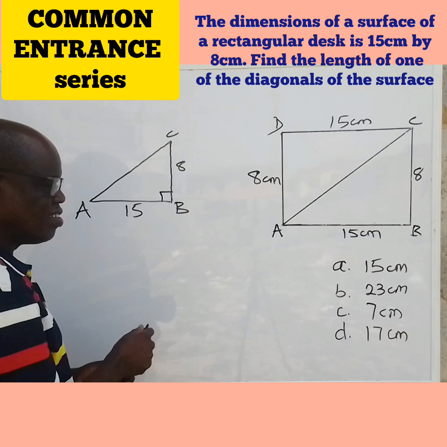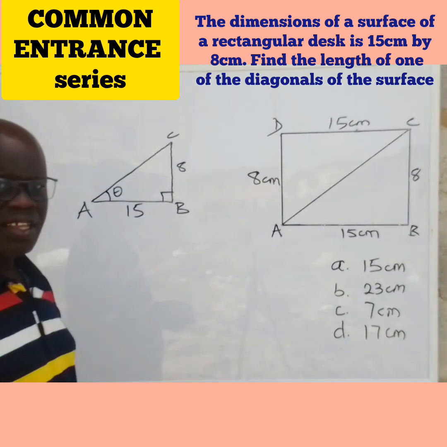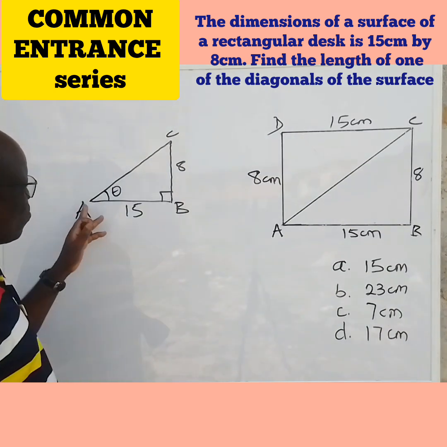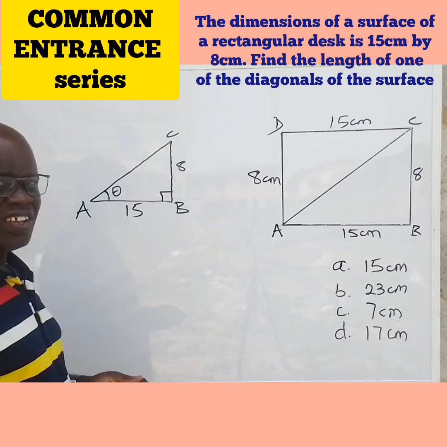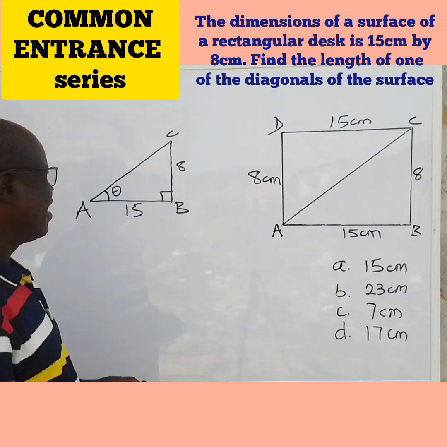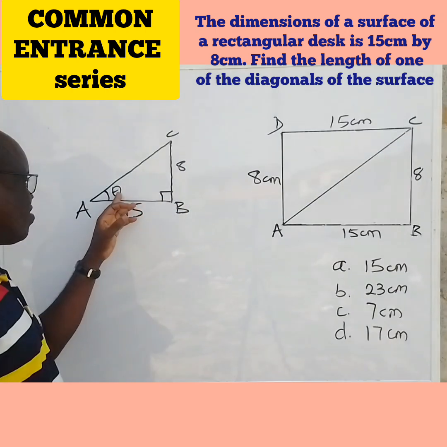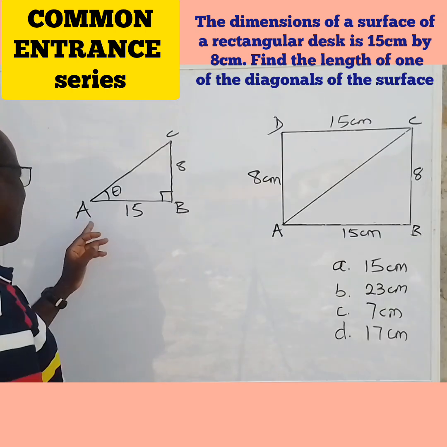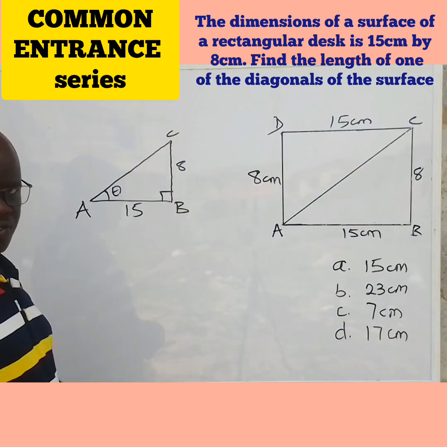This is angle 90, and this is certain angle here, angle theta. Now we are asked to find AC. Don't forget that AB is called the adjacent, and BC is what we call opposite, because it's opposite this angle, angle theta. And AC is referred to as hypotenuse.